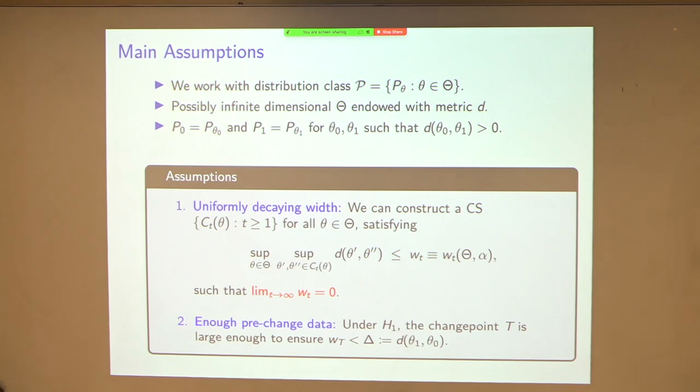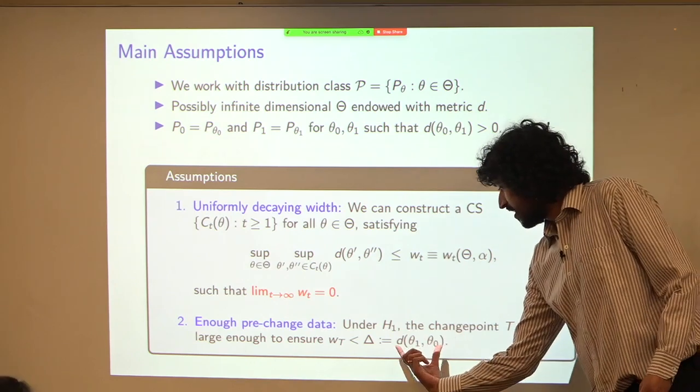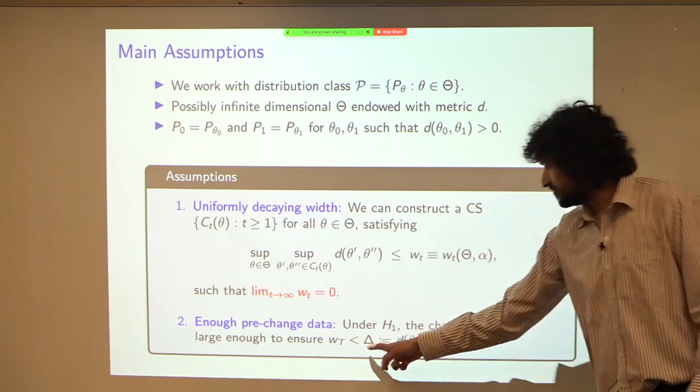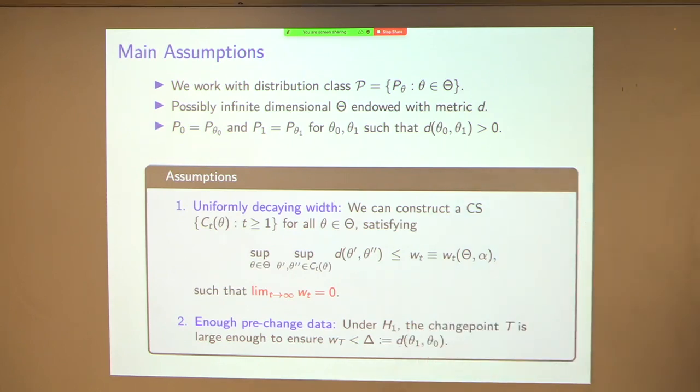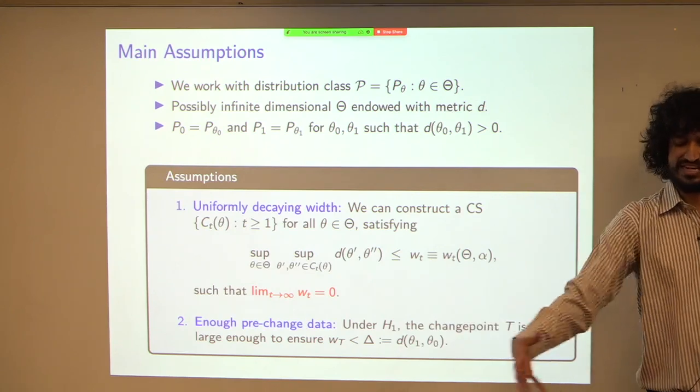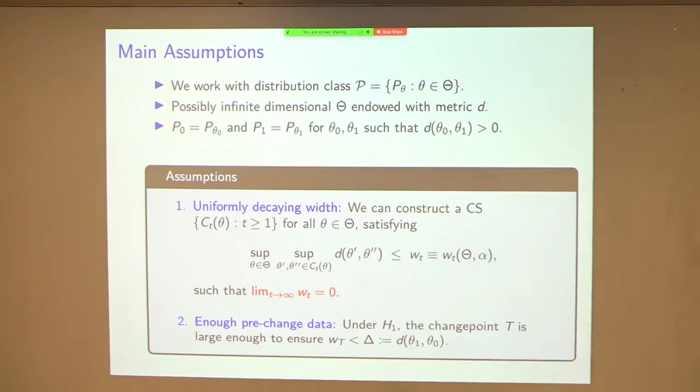So essentially, the change between theta 1 and theta 0, let's call that delta, this distance metric between theta 1 and theta 0, if there was a change, then this change point t has to happen after some point where I've seen enough pre-change data, right? So that's all it's saying. Essentially if the change is large, then I need less data.